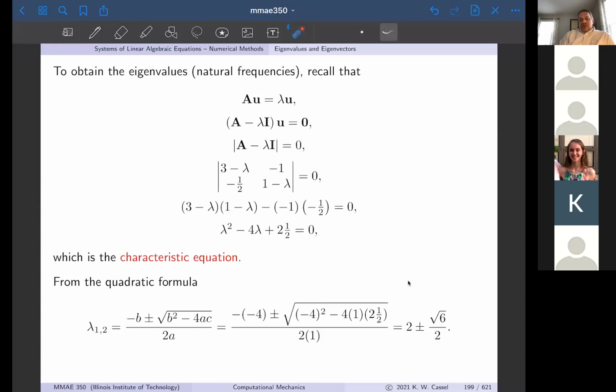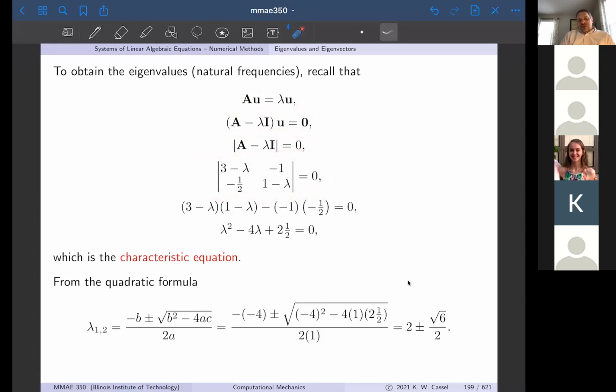All right, so we have AU equals lambda U. I multiply by I on the right-hand side, I bring that over to the left, and I have A minus lambda I times U equal to the 0 vector. For that to be true, the determinant of the coefficient matrix A minus lambda I has to be 0. Here is that expressed and written out in the 2x2 form.